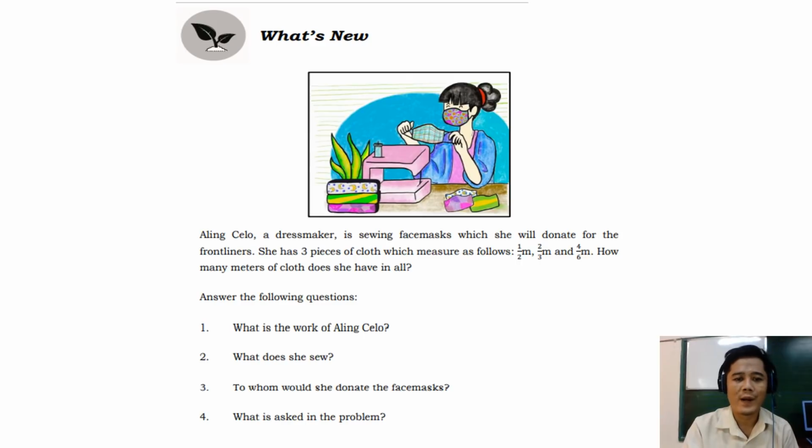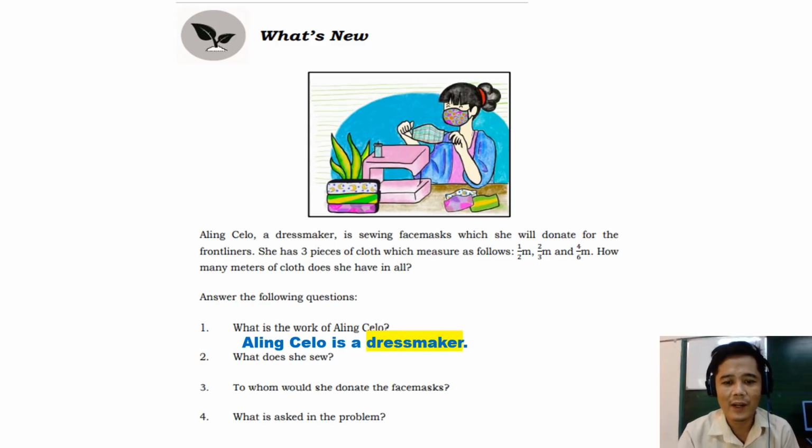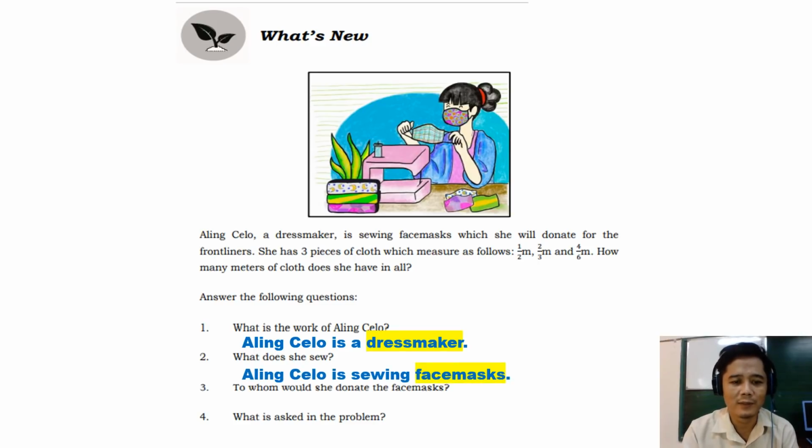So, what is the work of Aling Shelo? Very good. She is a dressmaker. What does she sew? Very good. Aling Shelo is sewing face masks.